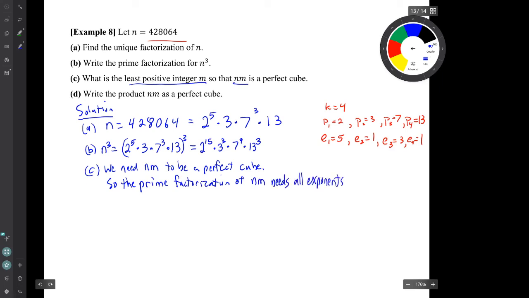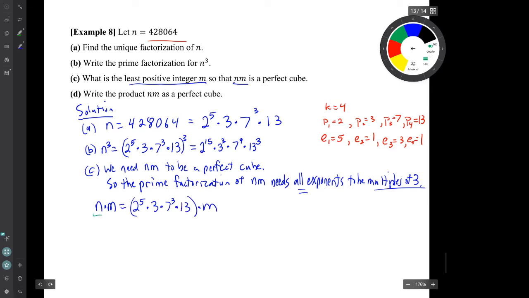So we need a prime factorization for nm that has all exponents that are multiples of 3. Okay, well this seems kind of vague, doesn't it? But let's start by writing down what that's going to look like. So nm is going to look like that.